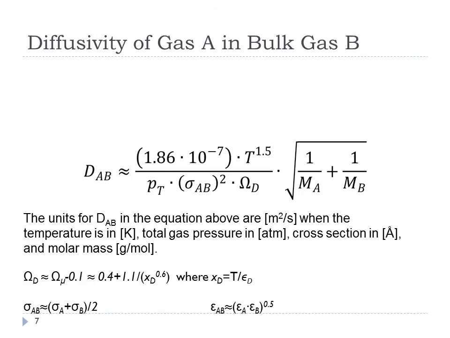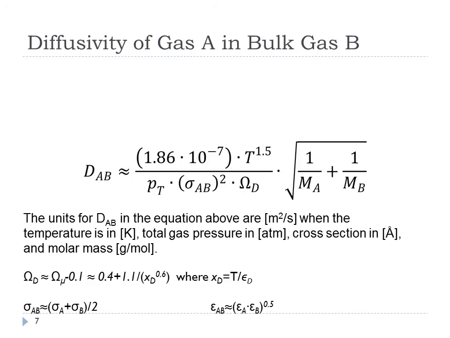I want to point out here that sigma sub D is very closely related to the sigma sub mu that we saw for viscosity. It's a collision integral, and it looks like that collision integral, except for a slight offset. So it looks like 0.1 plus 1.1 divided by x sub d raised to the 0.5 power. Here x sub d is the temperature of the gas divided by the Lennard-Jones well depth.